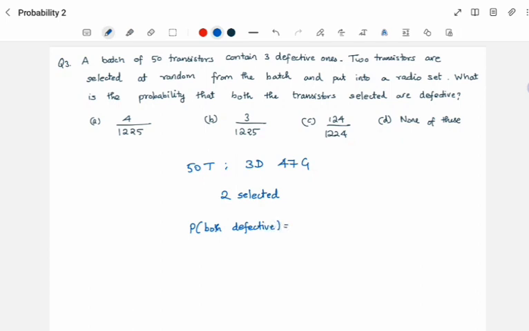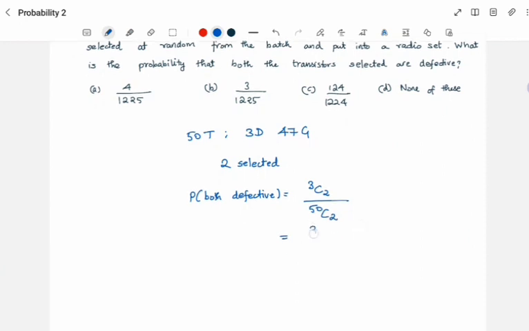So you already know this is straightforward. From 3 I select 2 for both to be defective, and the total possibility is from 50 transistors I am selecting 2. So this is nothing but 3 factorial by 1 factorial into 2 factorial, over 50 factorial by 48 factorial 2 factorial. So these cancel, and I get 3 into 2 divided by 50 into 49.